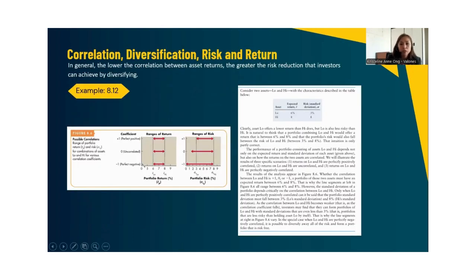Correlation, diversification, risk of return. In general, the lower the correlation between asset returns, the greater the risk reduction that investors can achieve by diversifying.